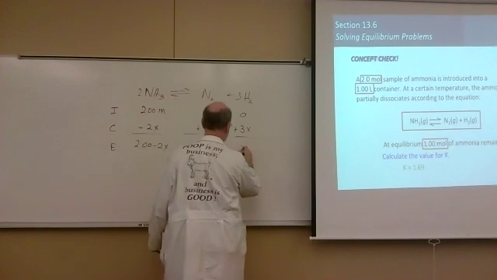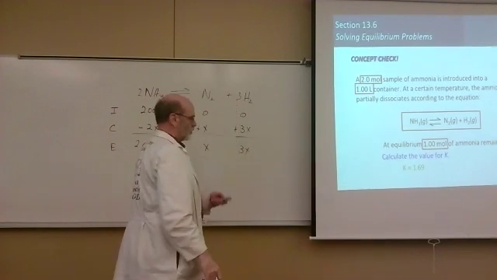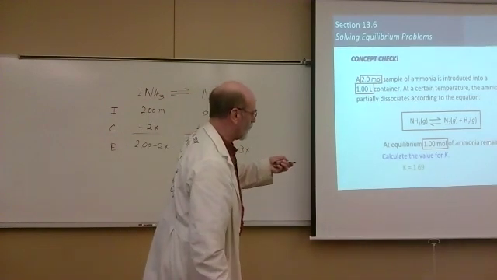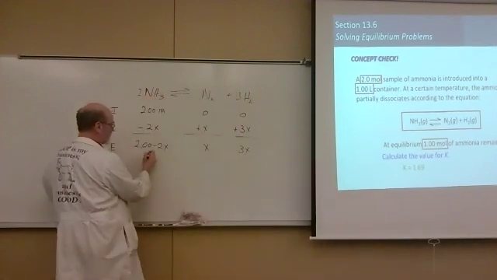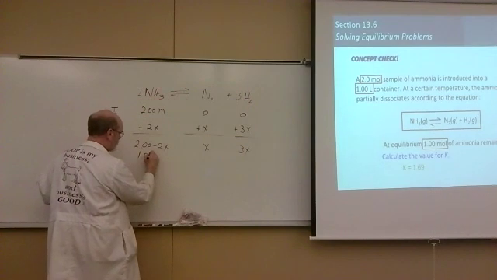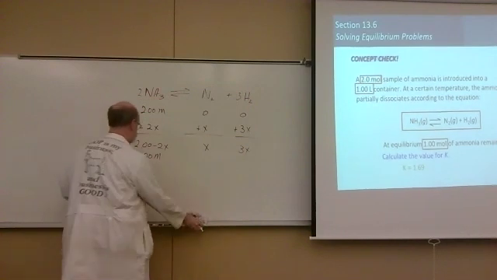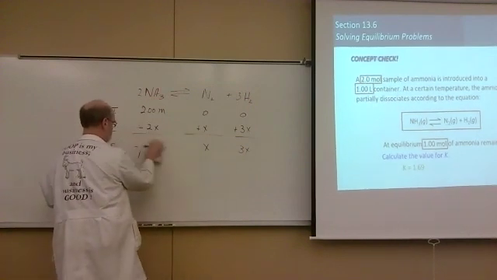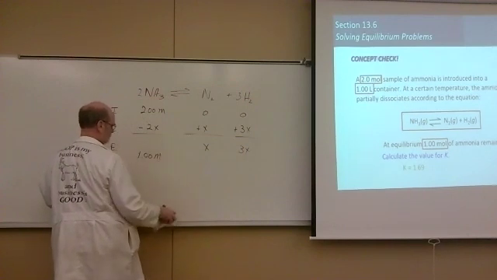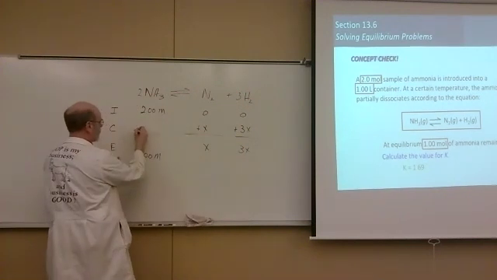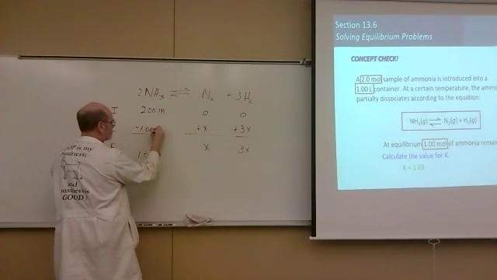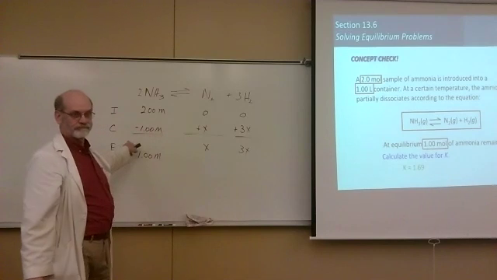Okay, I'm complicating this a little more. We're actually told that at equilibrium 1 mole of ammonia remains. So this one is equal to 1 molar. So how did we get to 1 molar? We lost a molar, right?